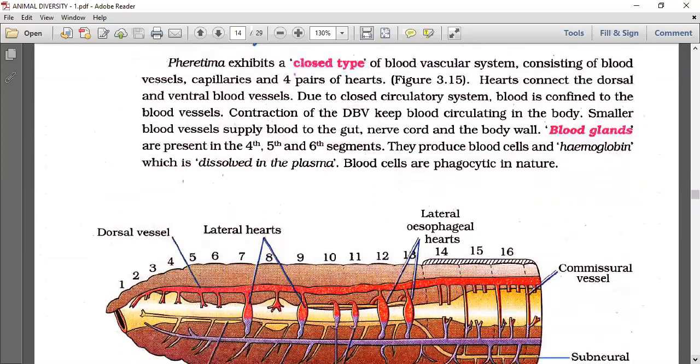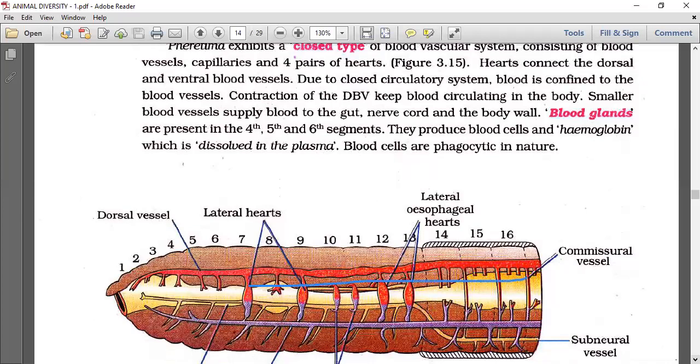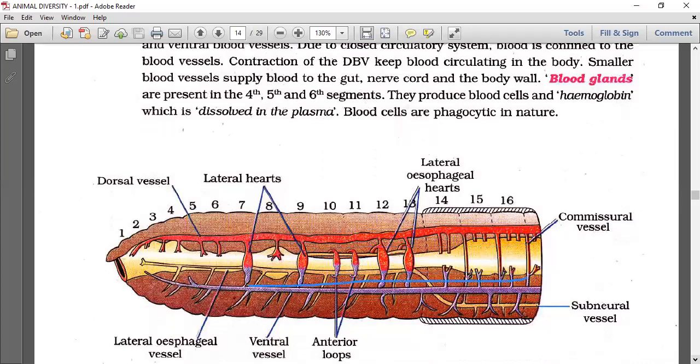That means, see here, it is the dorsal blood vessel. The dorsal blood vessel makes contractions, making the blood keep circulating in the body. Let us try to recognize here also that this is the dorsal blood vessel.